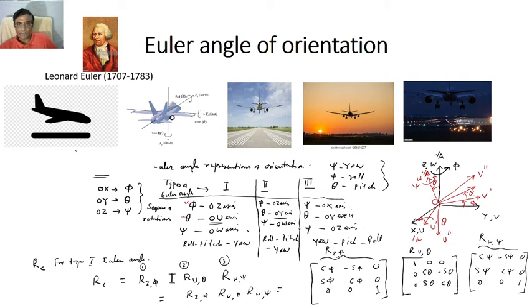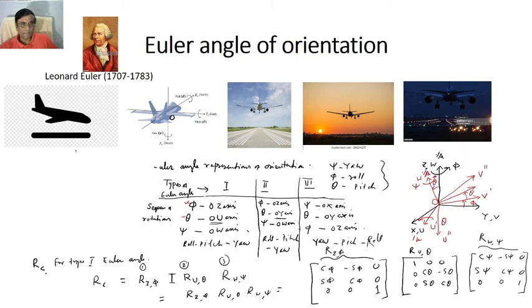So all the operations are given about the principal axis of the inertial coordinate frame, and accordingly the composite rotation matrix will change for type 1, type 2, type 3 representation of orientation. Okay, we are showing you the type 1 Euler angle representation, and if you just make the multiplication, what you will get is the following.